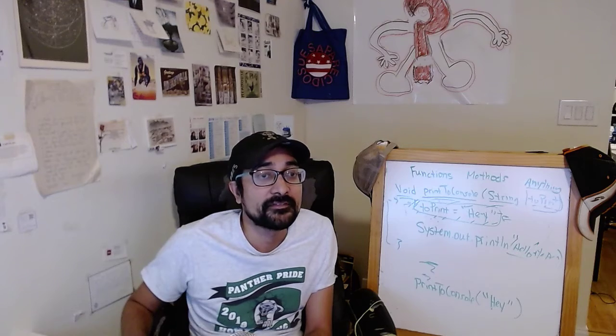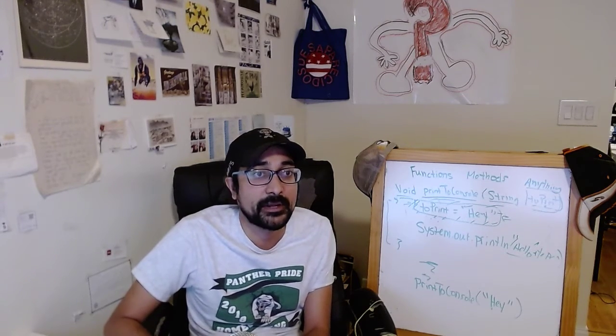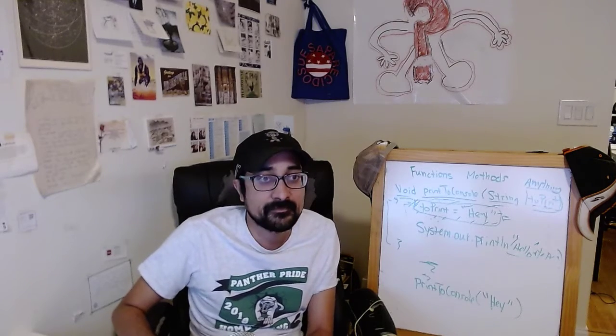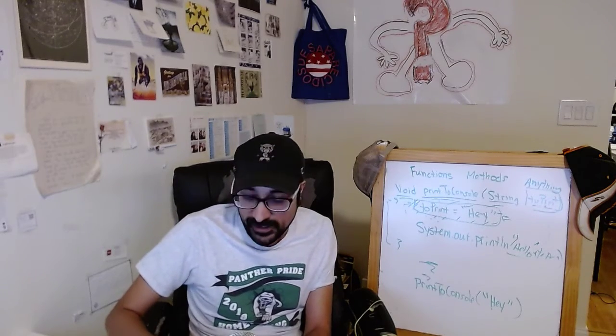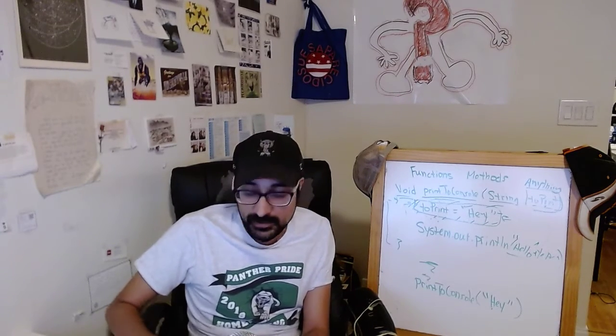Oh, it wants me to define the method. Okay. I think I know a way to get around this. It only allows method definitions. Okay, so now we're gonna go print to console name.